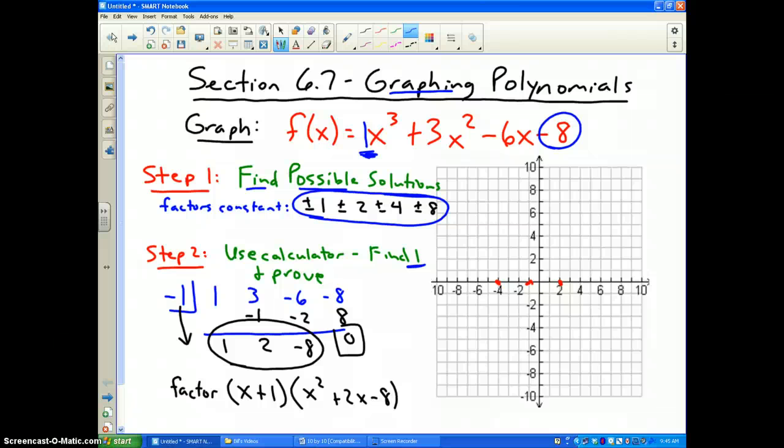So for instance, I'm going to pick -3. I want to find out at -3 what the value of the function is. That's in between the zeros -4 and -1. And I'm also going to try 1 and see what the values are.